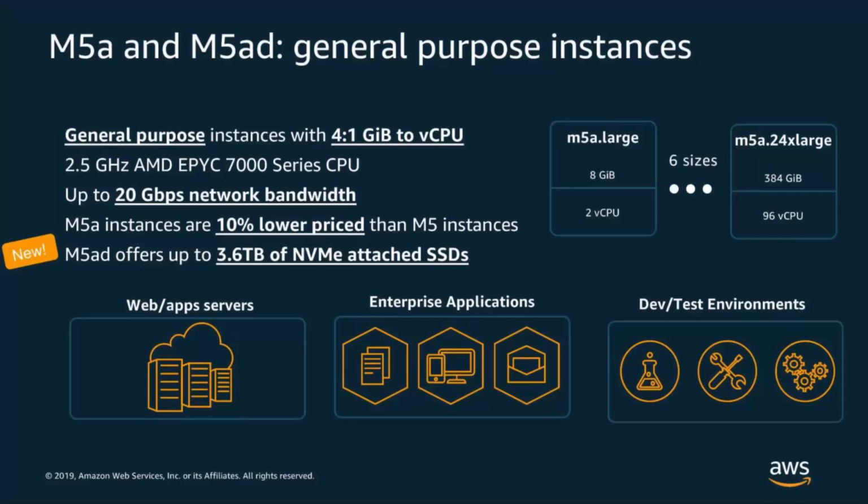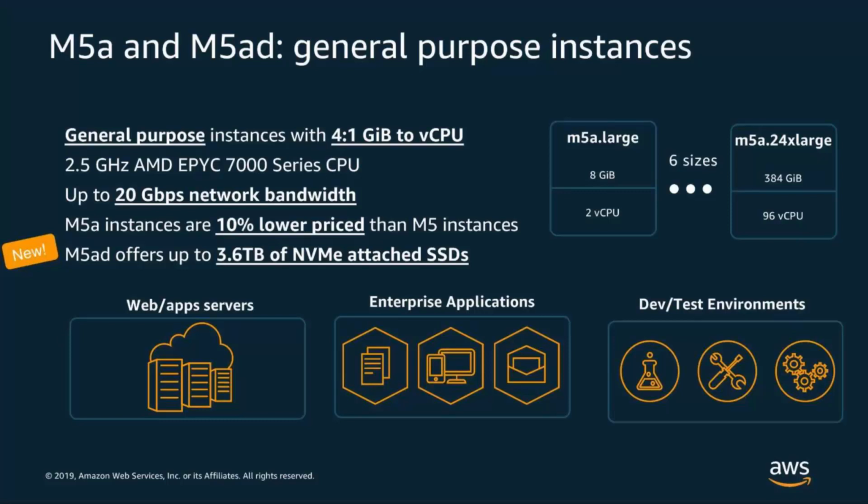That's one of the key characteristics of our general purpose M families. These leverage the 2.5 gigahertz AMD EPYC 7000 series CPU that's custom for our AWS AMD EPYC instance types. You're going to get up to 20 gigabits per second in networking bandwidth, and these are going to be 10% lower priced than our M5 instance types.